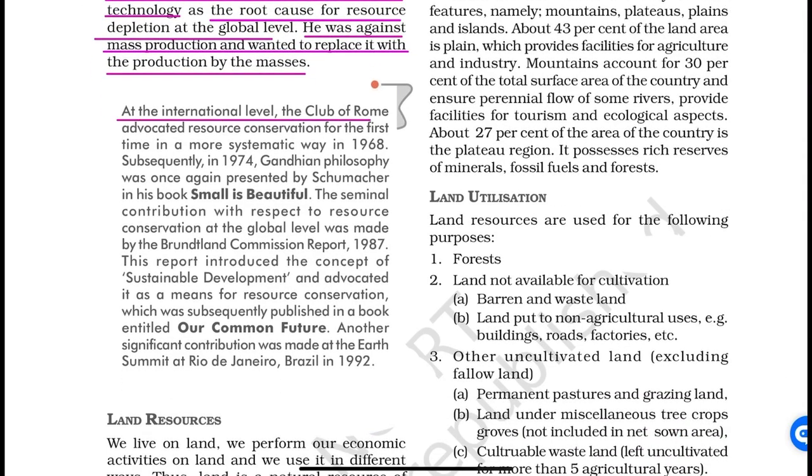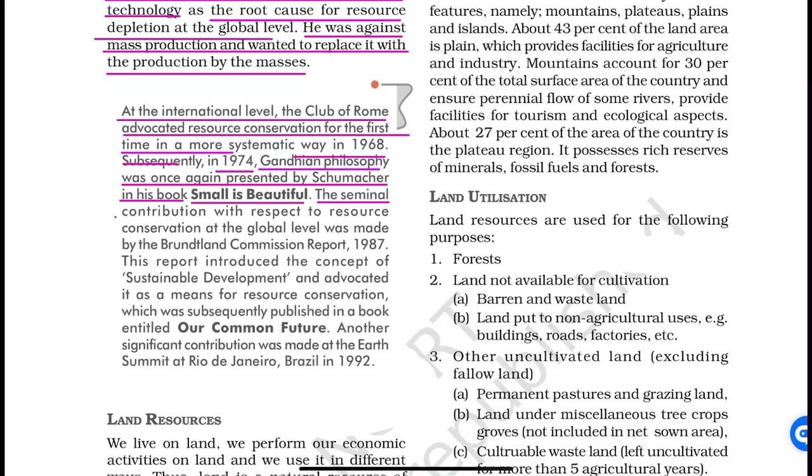At the international level, the Club of Rome advocated resource conservation for the first time in a more systematic way in 1968. Subsequently, in 1974, Gandhian philosophy was once again represented by Schumacher in his book Small is Beautiful.